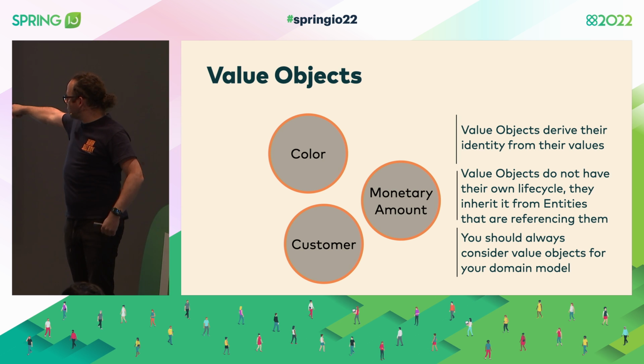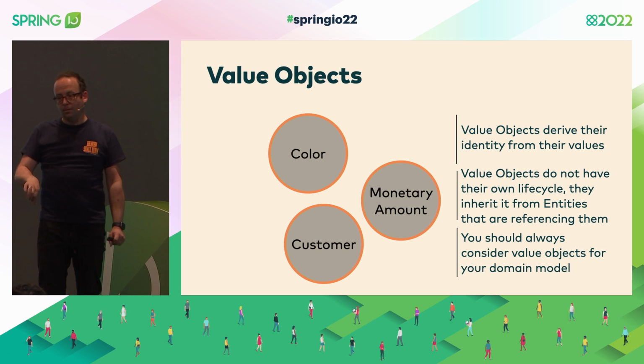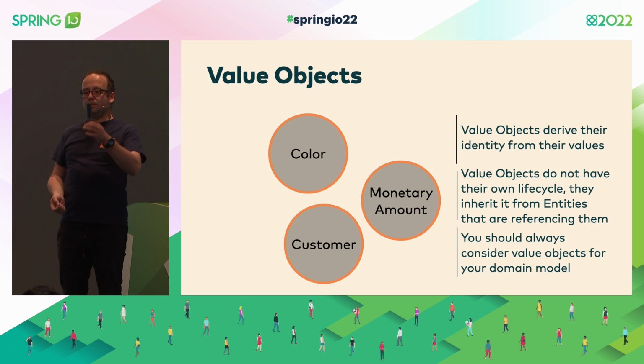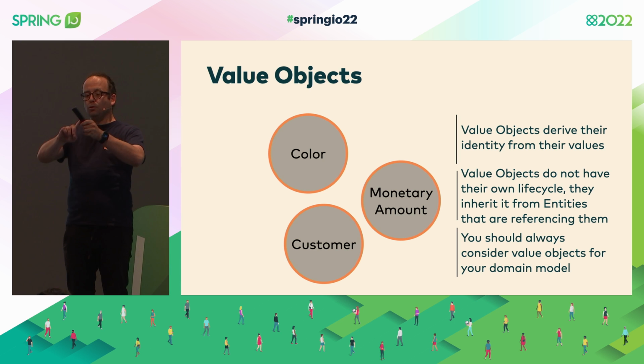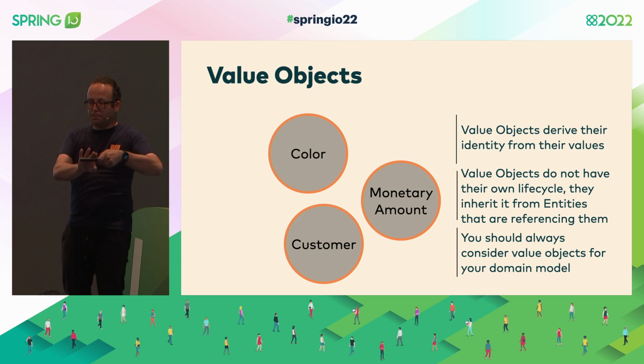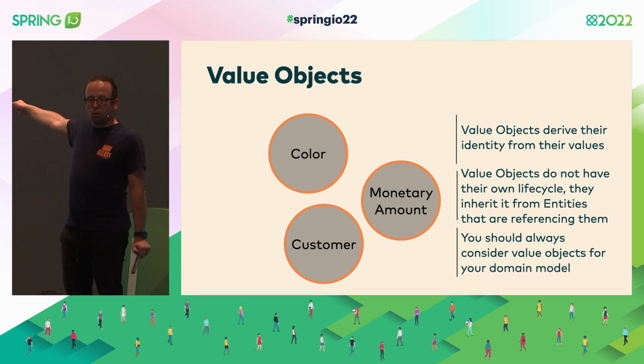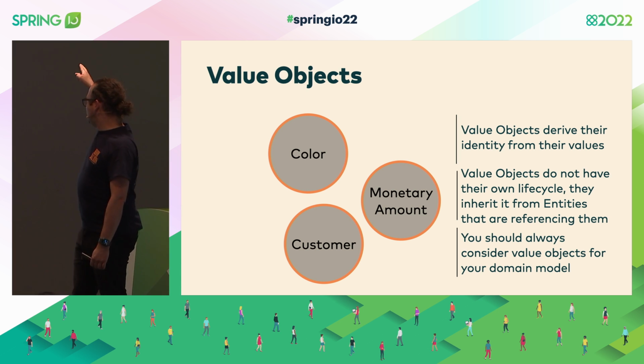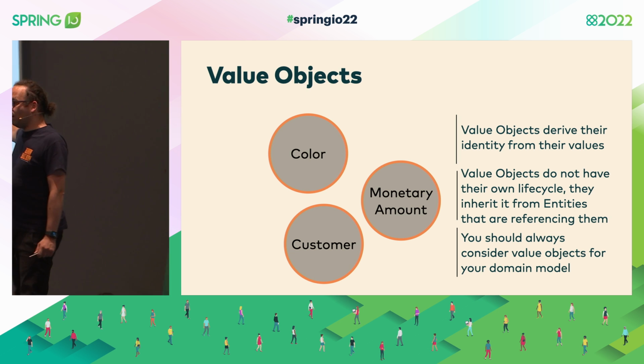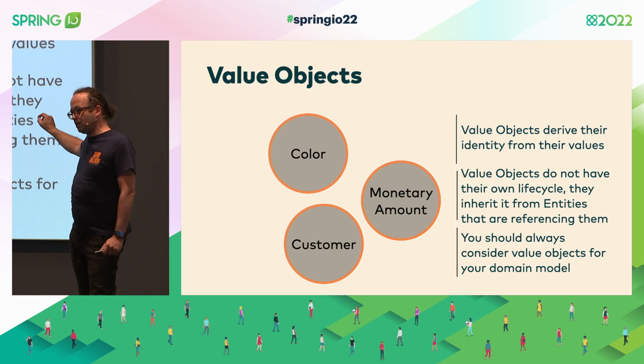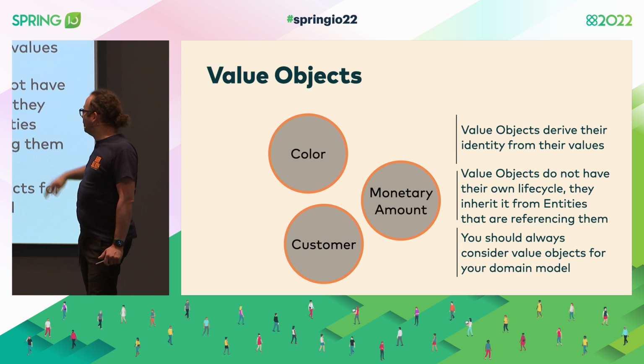And they also don't have their own life cycle. So when I say, okay, I put a new price tag on it, 80 euros, I remove the old price tag, 100, and I put a new one on that. Value objects are always immutable. They are also supposed to contain business logic.